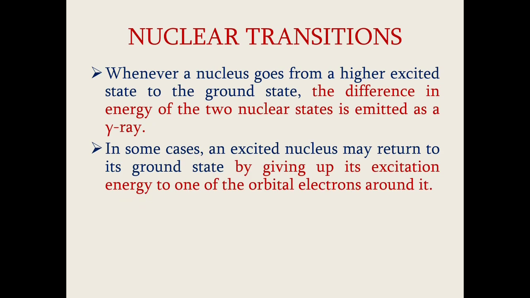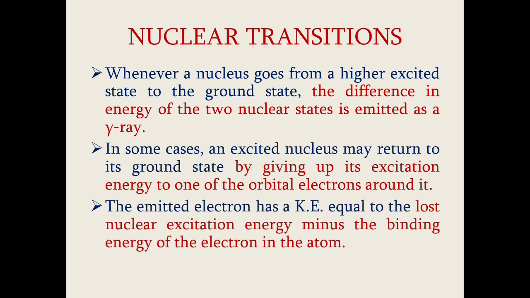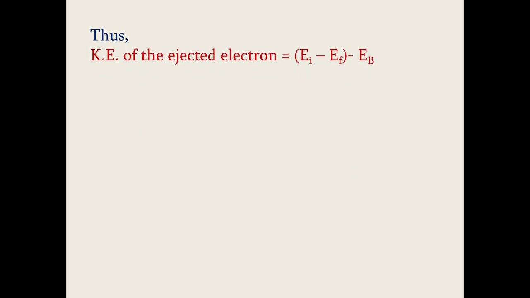After receiving this excitation energy, these electrons dislodge themselves and come out of the atom. So, the emitted electron from the atom has a kinetic energy which equals the difference in energy between the excitation state and the ground state minus the binding energy of the electron in the atom.